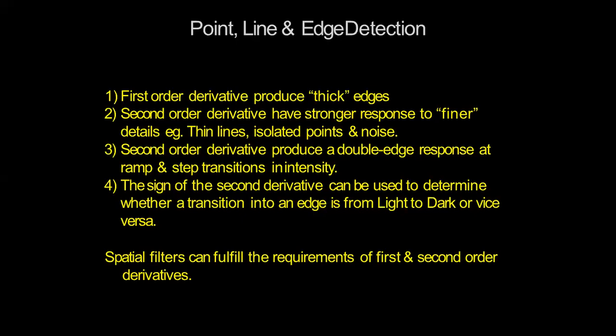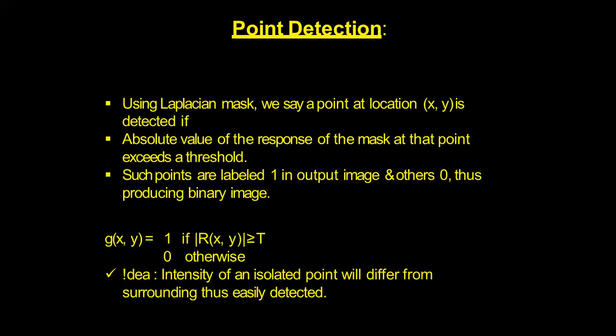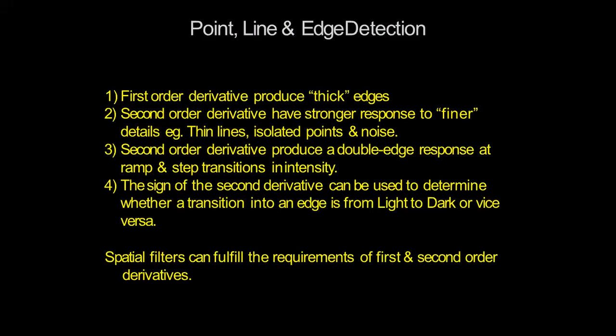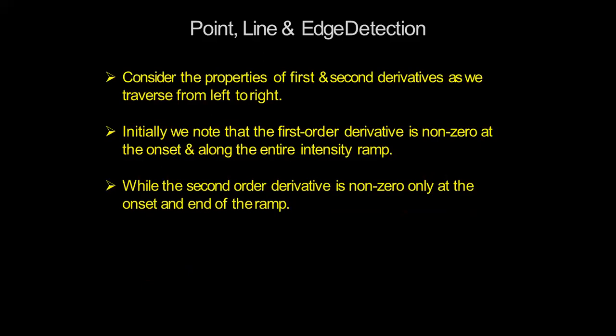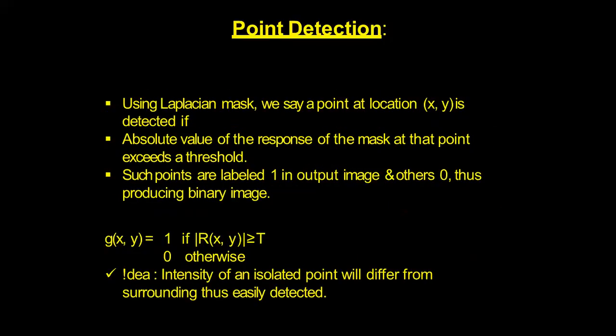Now, special filters which can fulfill the requirement of first and second order derivatives are used in the case of edge detection. Then we have point detection. Using the Laplacian mask, the point at location x, y is detected if the absolute value of the response of the mask at that point exceeds the threshold value.